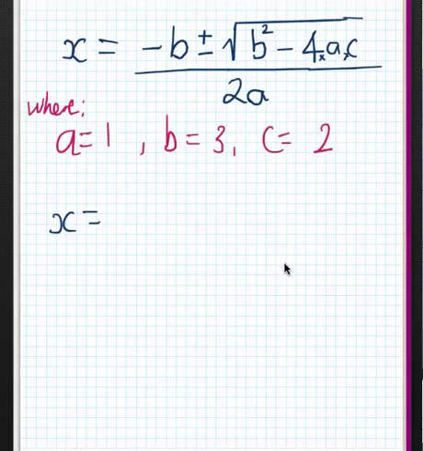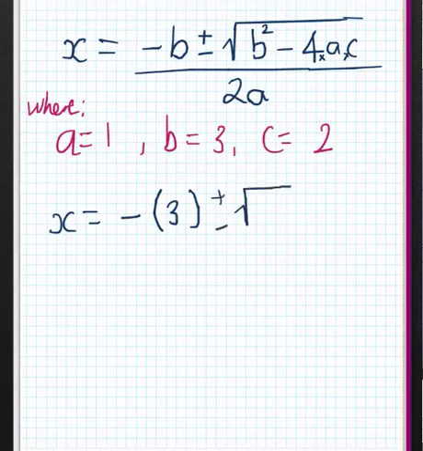let's start summing in. So we've got x equals minus b, so minus, and remember, substitute with brackets. So b is a positive 3, plus or minus the square root of, sorry, that minus is a bit far down, we'll fix it up, b squared. So this is where it's extremely important the brackets are used in case we have a negative.